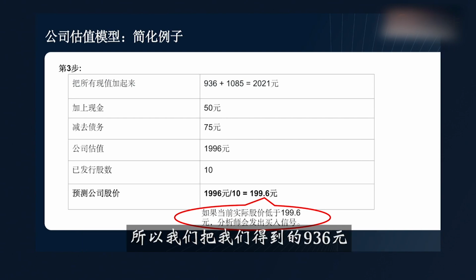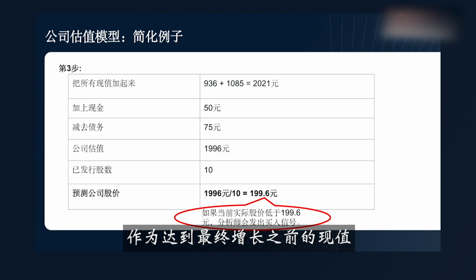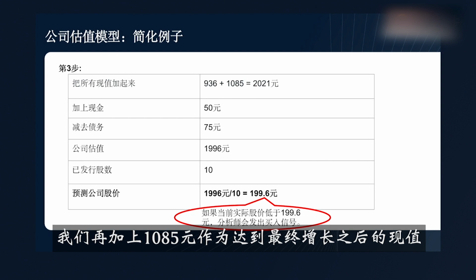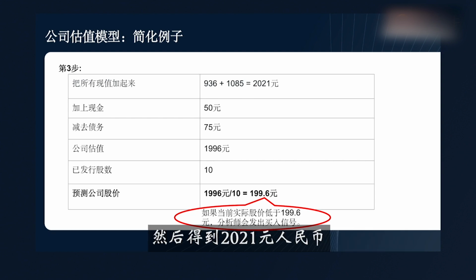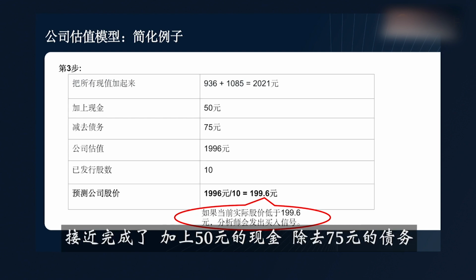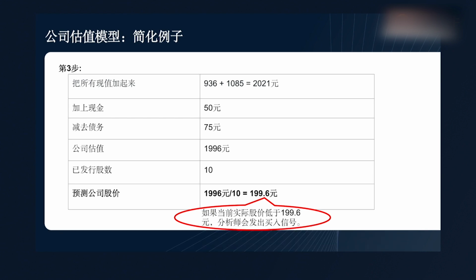So we take the 936 that we got as the value of the pre-terminal cash flows. We add 1,085 for the terminal cash flow and thereafter, and we get 2,021 RMB. Getting closer to done. Add 50 in cash, take out 75 in debt, and we get 1,996 yuan.